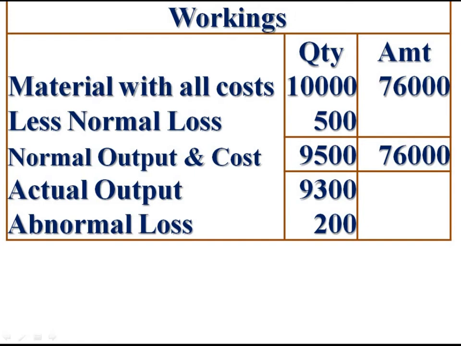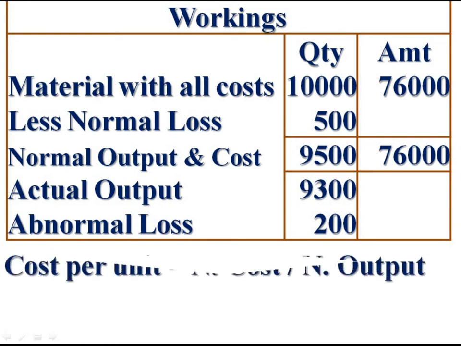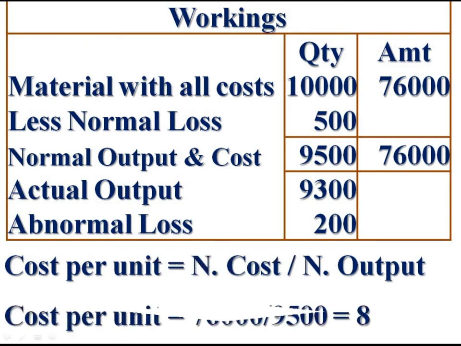To get the value of actual output and abnormal loss, we have to find out the normal cost per unit. The normal cost per unit is equal to normal cost divided by normal output. Here, normal cost 76,000 divided by normal output 9,500, rupees 8 is the cost per unit.